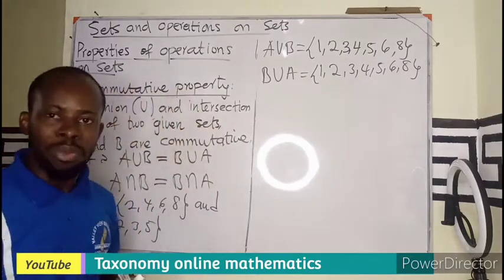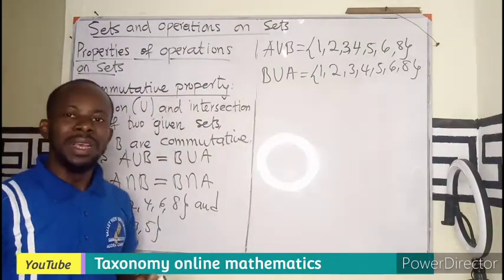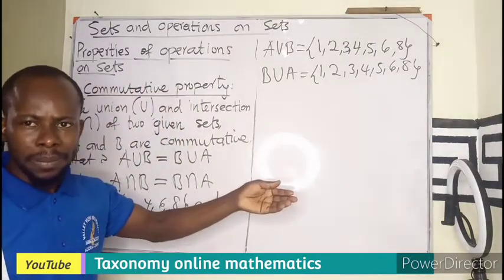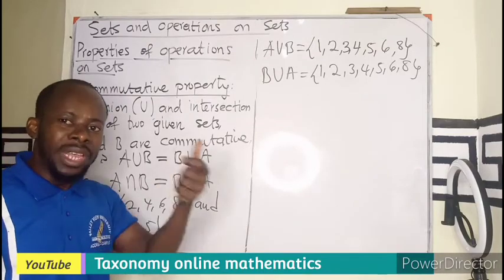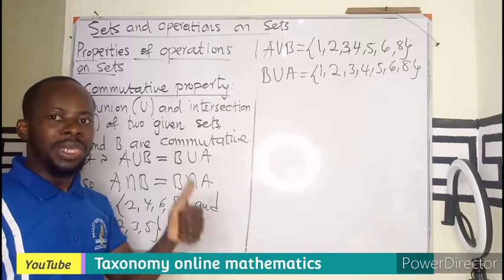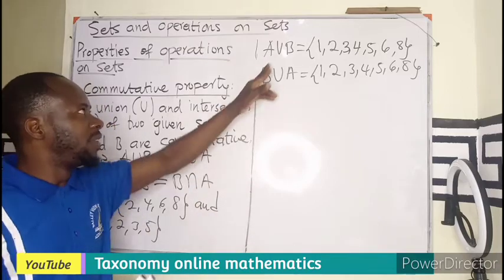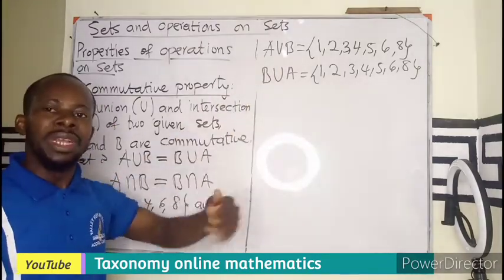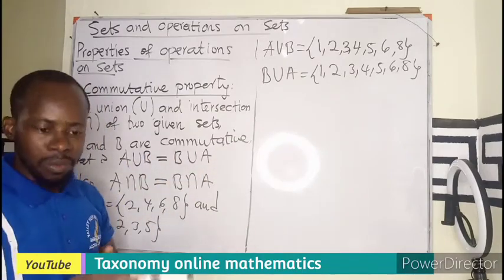So A union B is the same as B union A in terms of the commutative property. The order does not change if the operation remains the same. Since the operation remains union, the order does not change the result.